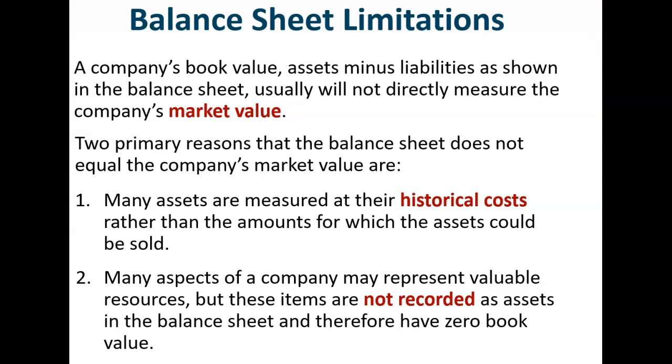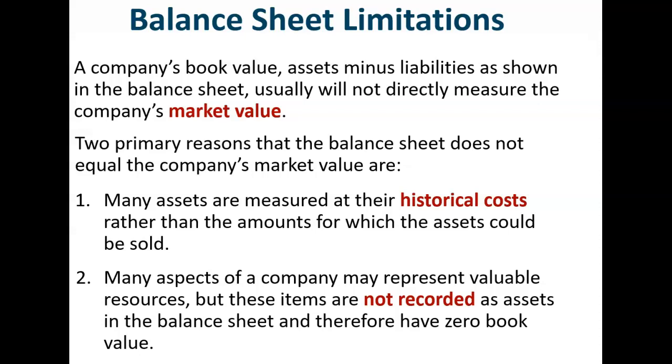For example, suppose a company owns land, and the amount for which the land could be sold increases. The increase in the land's fair value is not reported on the balance sheet, so it has no effect on the company's book value. However, to the extent the increase in the land's fair value is known by investors, that increase will be reflected in the company's overall market value.